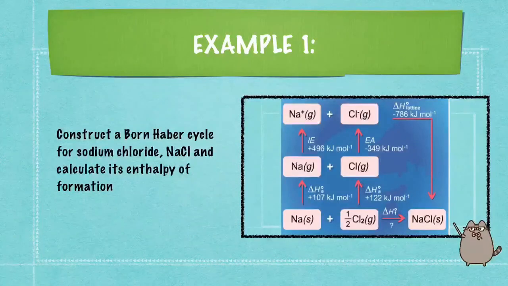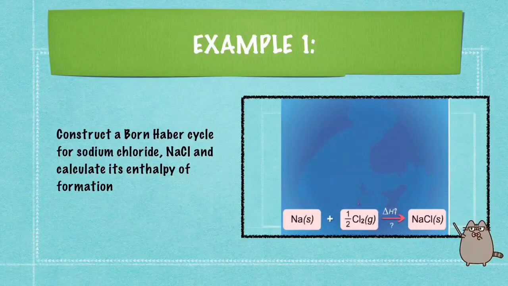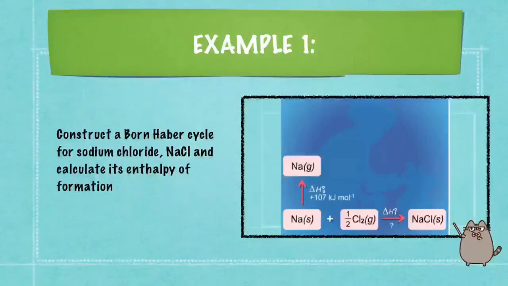Let us use again our example of sodium chloride and try to calculate the standard enthalpy of formation of this compound. We can see that the formation of sodium chloride can be broken down into several steps. Sodium is a solid metal under normal conditions. To form gaseous atomic sodium, the enthalpy of atomization must be absorbed.